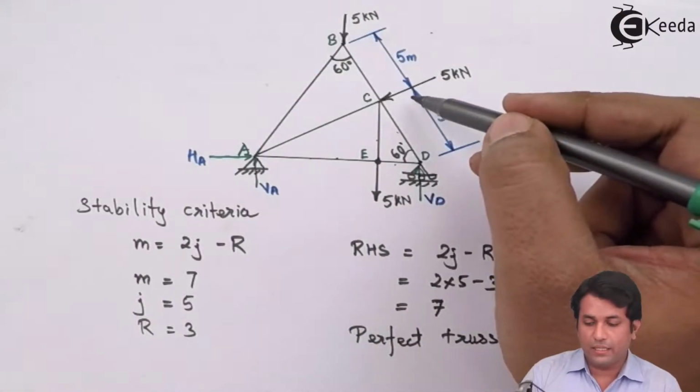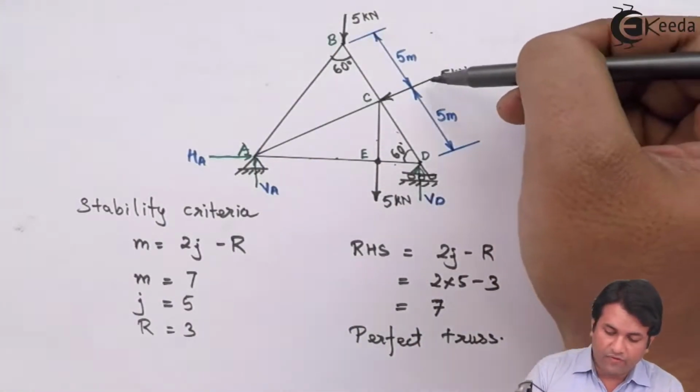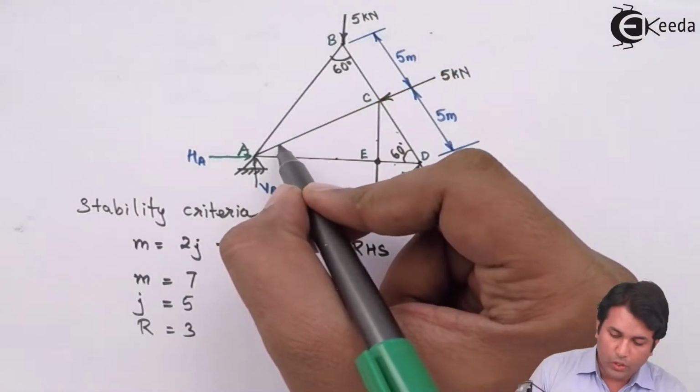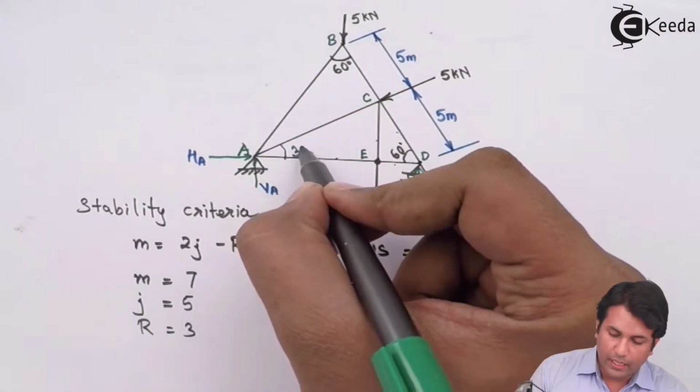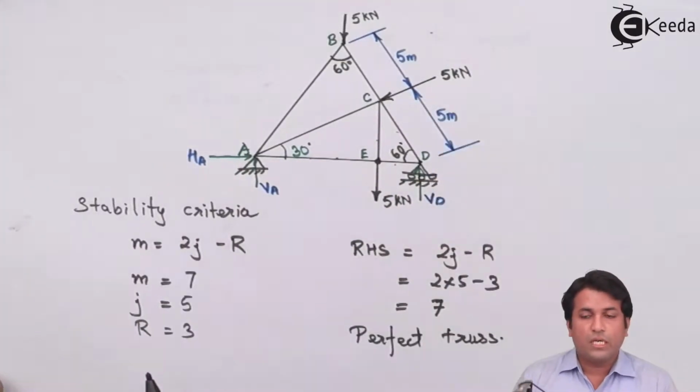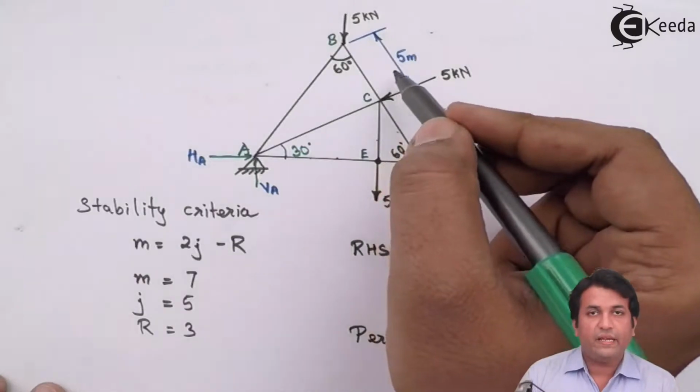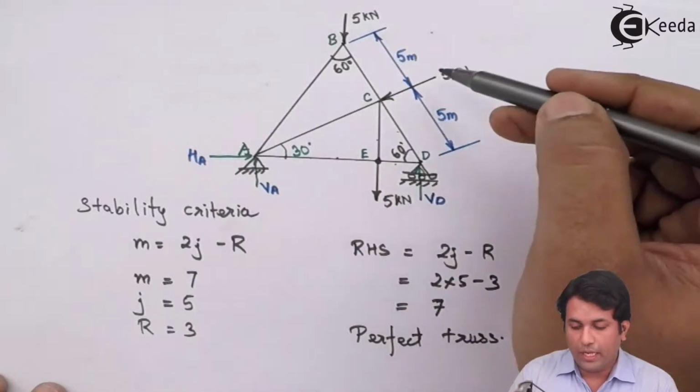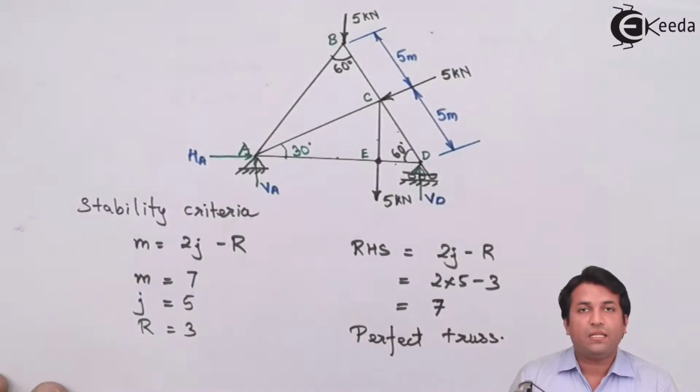So what happens is the angle that this force makes with the horizontal happens to be 30 degrees. So when I resolve this force, the horizontal component would be 5 cos 30 and the vertical component would be 5 sin 30.